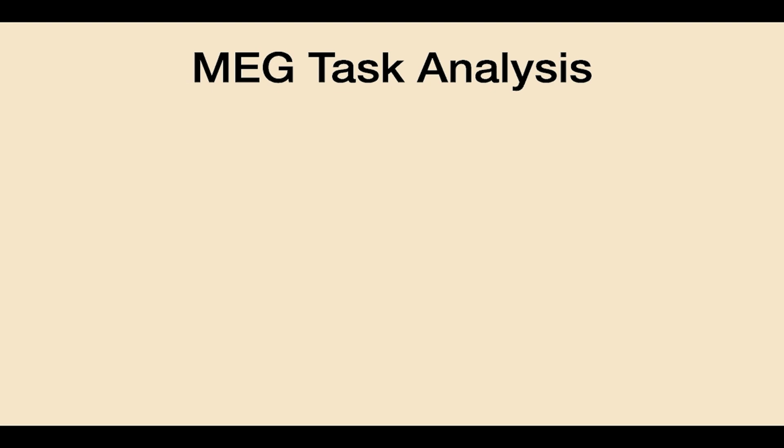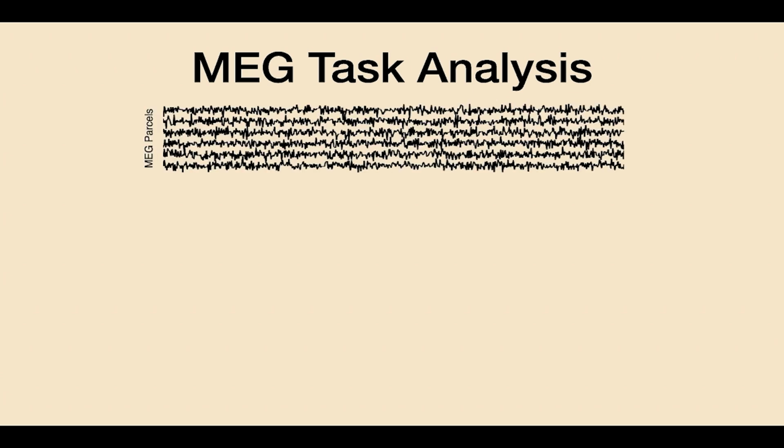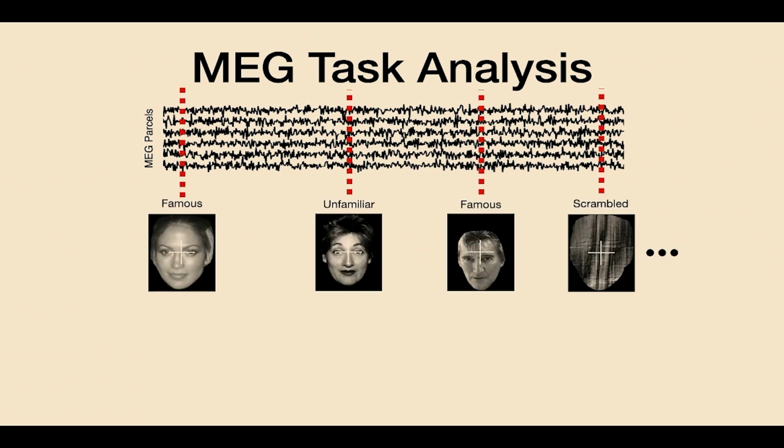Okay, so now I'll just finish off by giving an example of how we can use these dynamic network models in a task paradigm and how this could be useful for interpreting your data. So we start off with some functional neuroimaging data recorded during a task. In this particular task, it's a simple visual perception task where the participant was shown a face or a scrambled image.